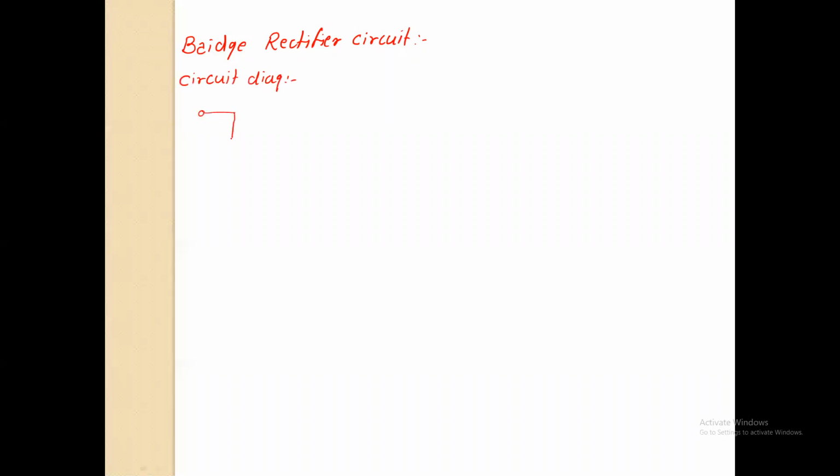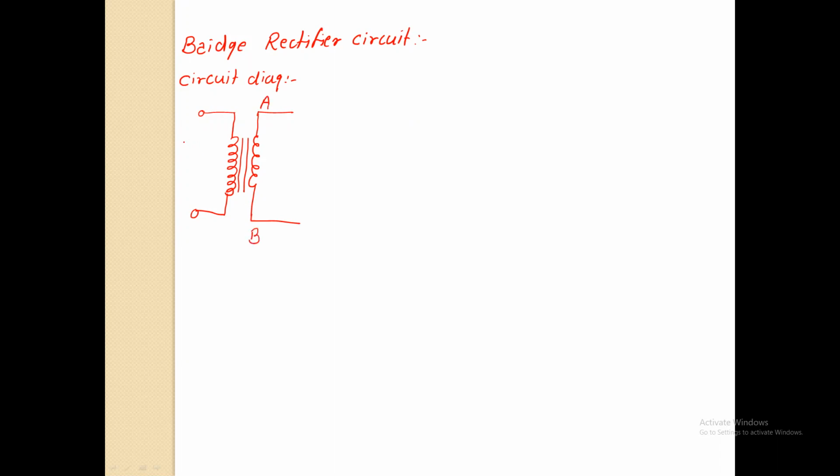This is the first and important thing related to this bridge rectifier circuit. As I say the center tap transformer is not required, it means that a normal or ordinary transformer is required for the bridge rectifier circuit, having two terminals at the secondary side of the transformer here.